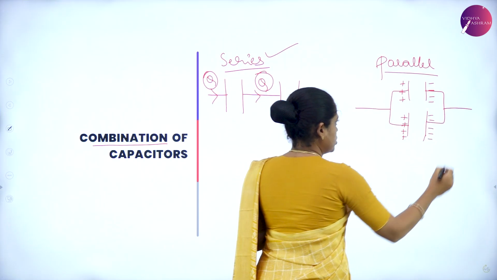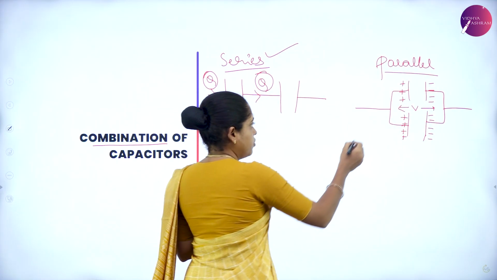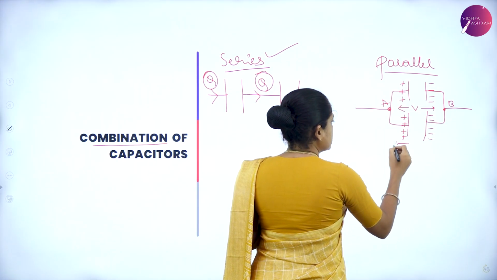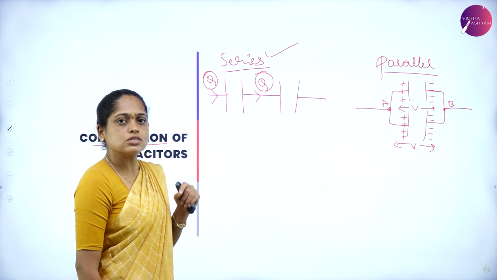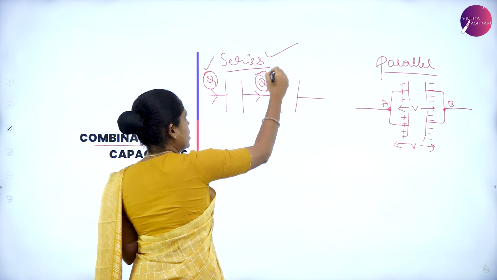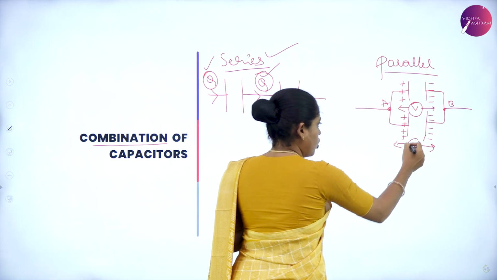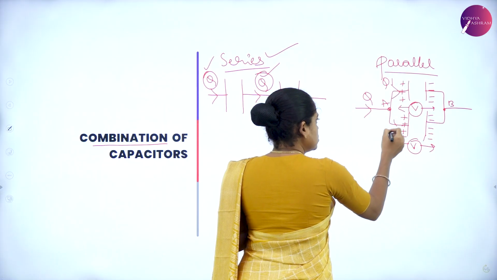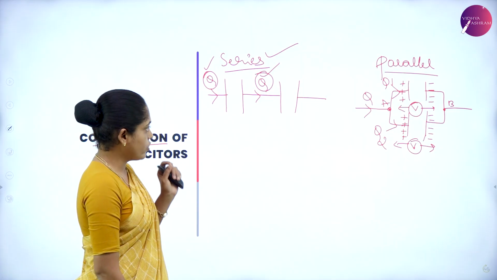Then this combination, where the two capacitors are connected between the same points and have the same potential, is known as parallel combination. So remember, in series charge remains constant, and in parallel voltage remains constant and charge has two paths, charge 1 and charge 2. So this is the combination of capacitors.